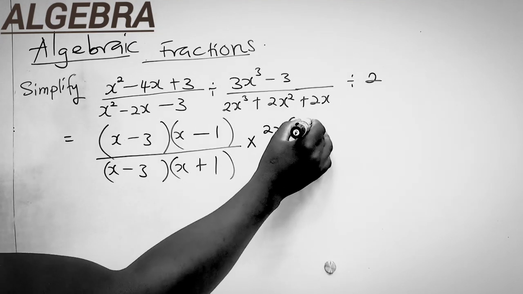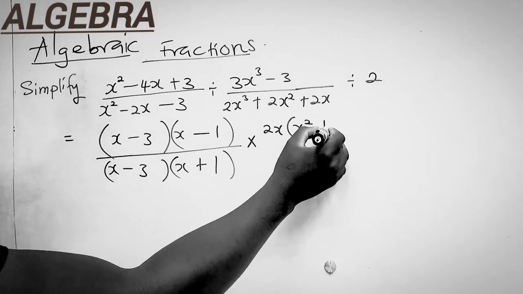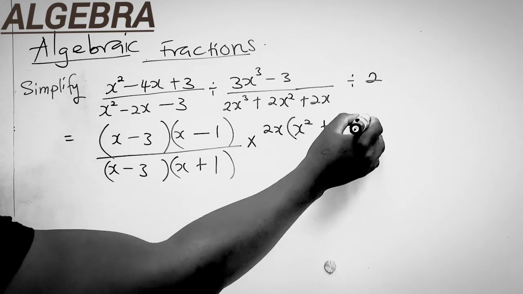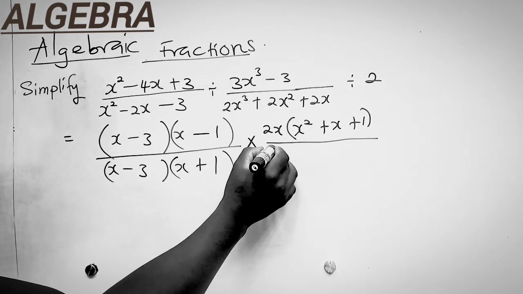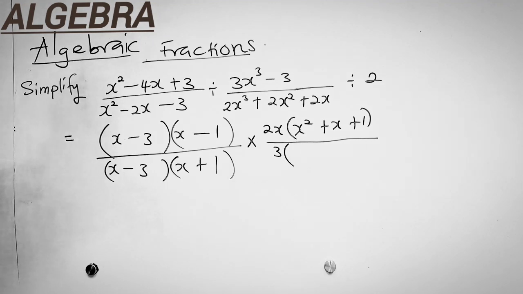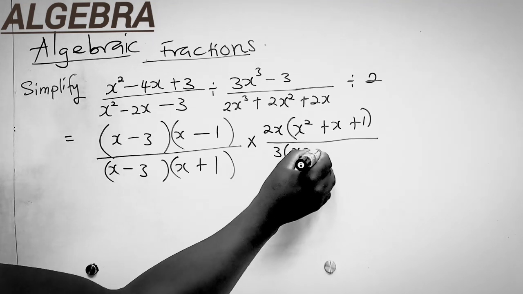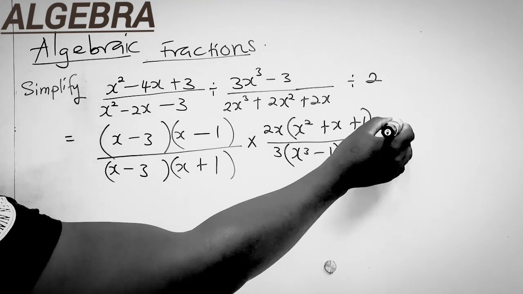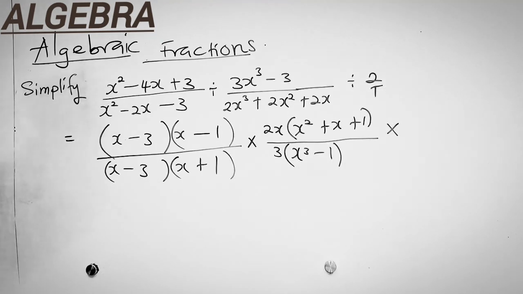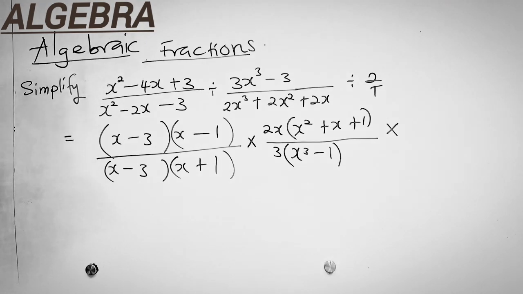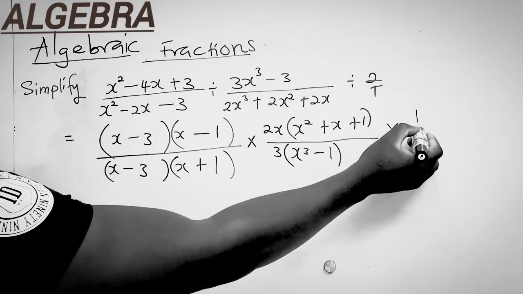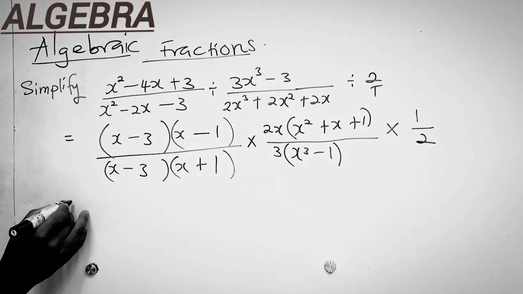We have x squared plus x plus 1 over, here we have a common factor 3, open bracket, x cubed minus 1. And this one, it was over 1, but after taking it to the multiplication side, it inverts. It becomes 1 over 2.